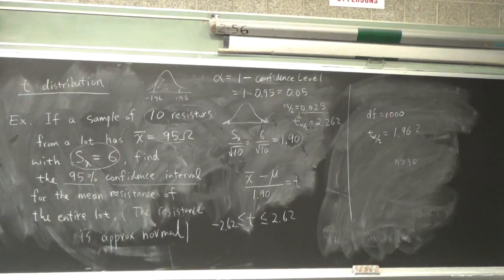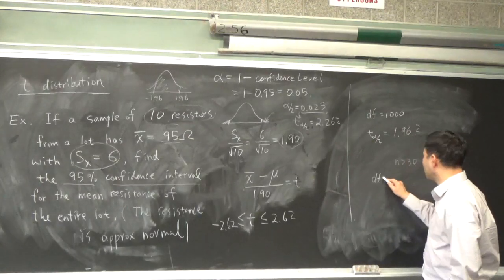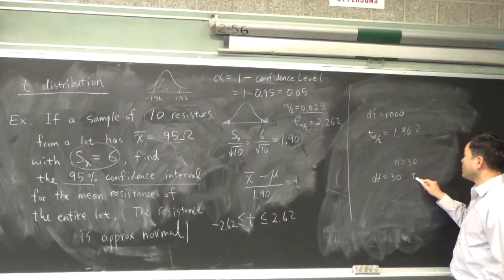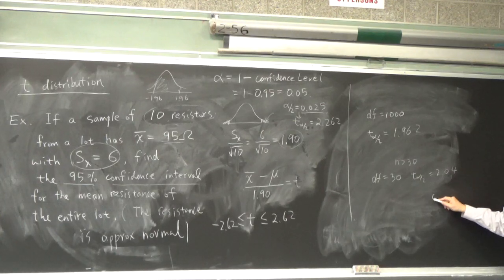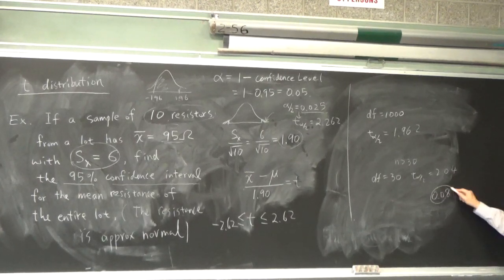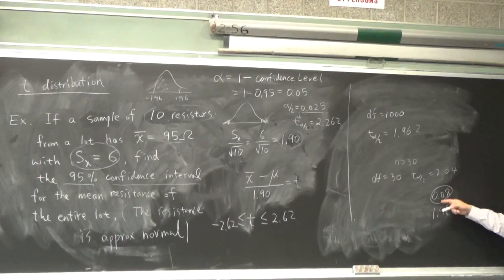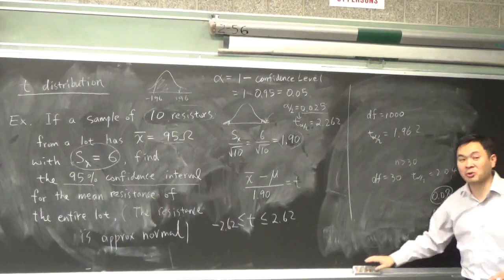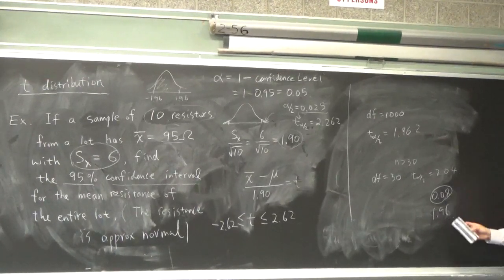It's still 2.04. So when degrees of freedom is 30, t alpha over 2 is 2.04, and there's like 0.08 difference between 1.96 and this number. People consider that as not that much, and they just start using this.